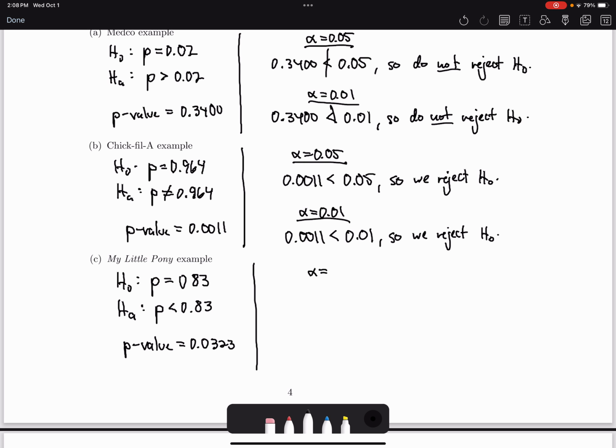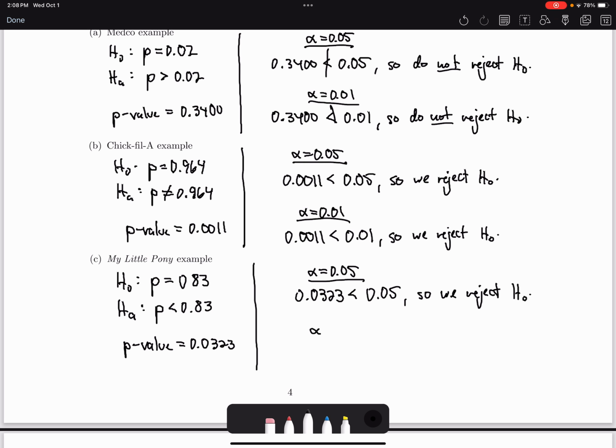If we use a 0.05 level of significance, then we would compare our p-value to alpha, and we would ask ourselves, is our p-value less than alpha? And the answer in this case is yes, right? Our p-value is less than alpha, so we reject H null.